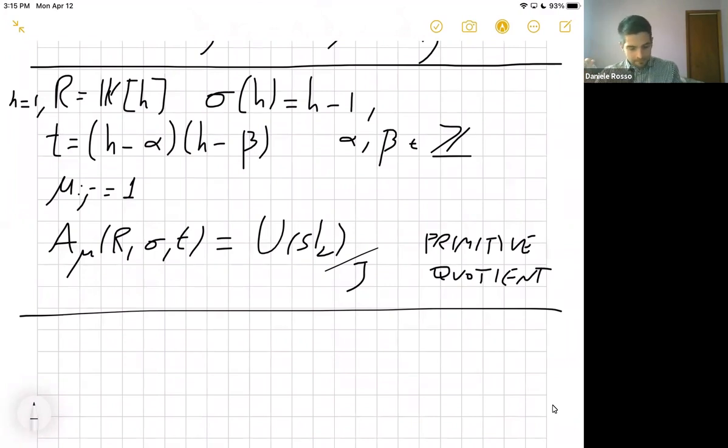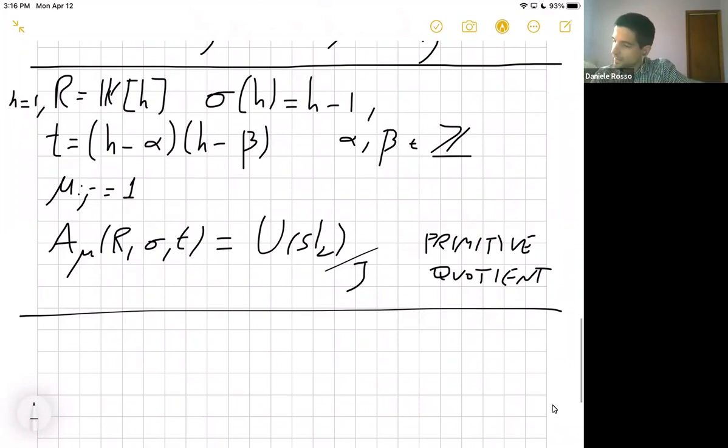There are other examples. This is to give you a taste, to try to convince you that some algebras that are of interest for ring theory and representation theory can all be considered as examples of these.